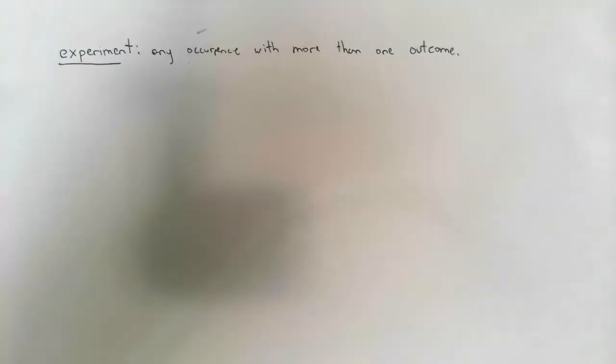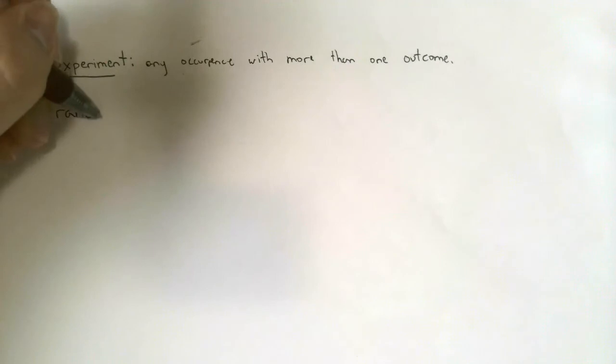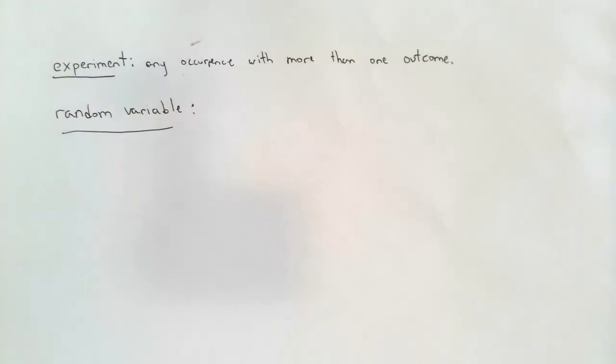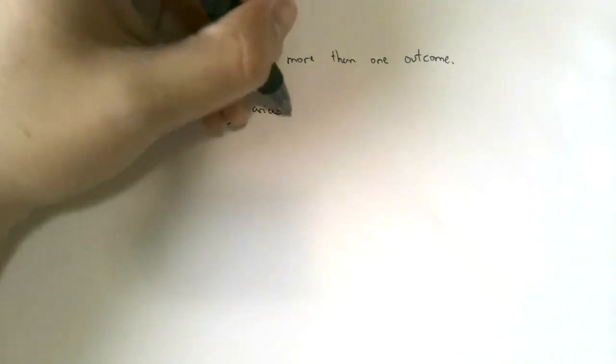Now, experiments are going to consist of random variables. It is important that I use the term random because not all variables are random. A random variable is a variable in our experiment that can have more than one possible value. So any variable with more than one possibility.